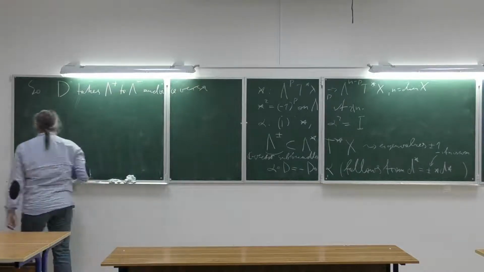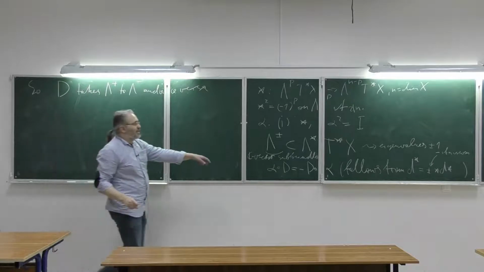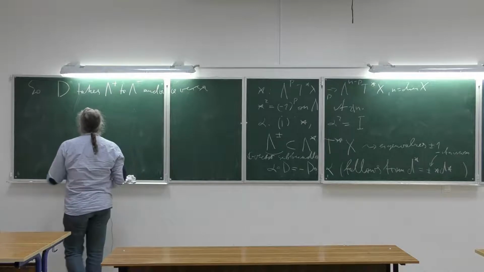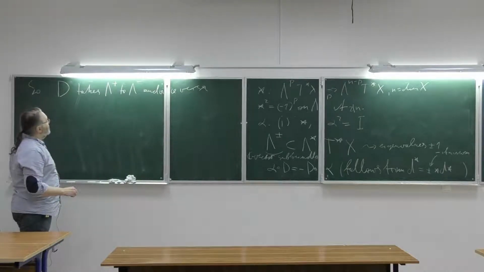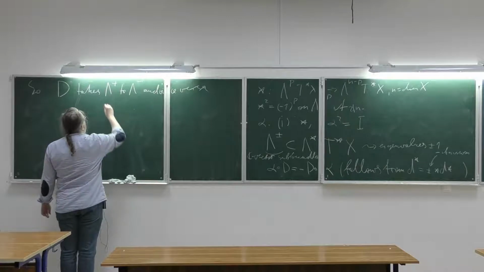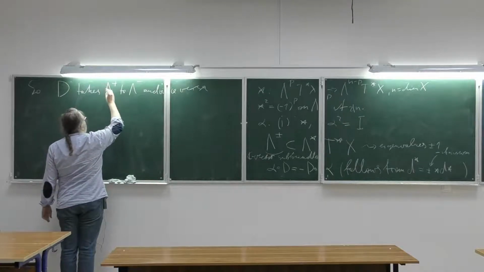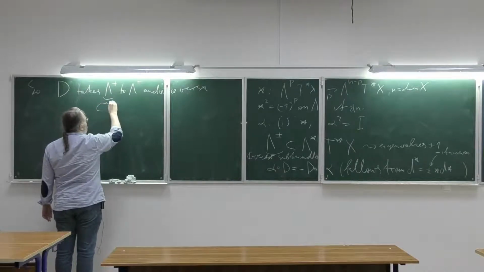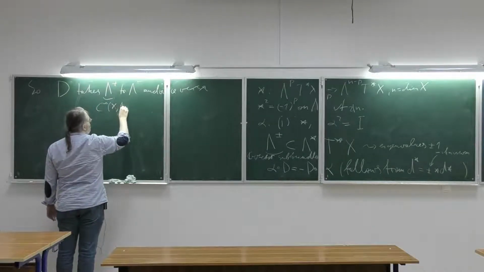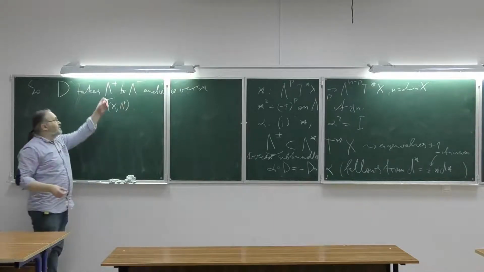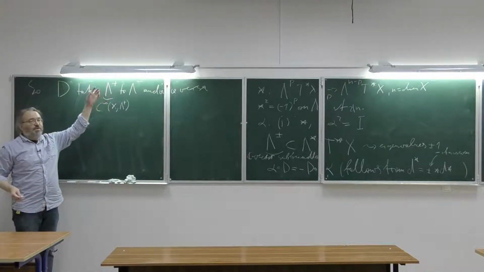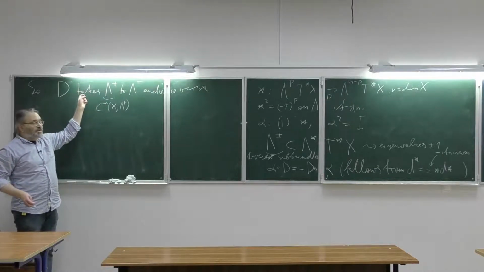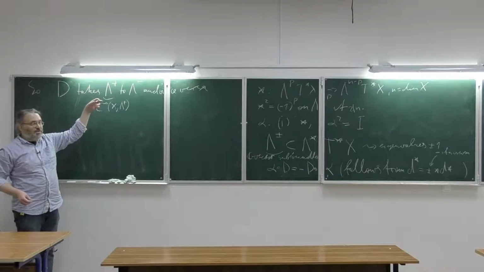And my claim is that this formula implies that D takes lambda plus to lambda minus and vice versa. What does this mean? Well, this means that D takes a section of lambda plus to a section of lambda minus.